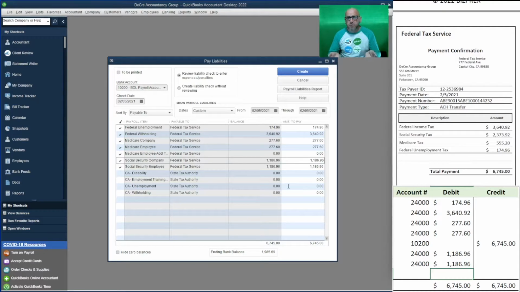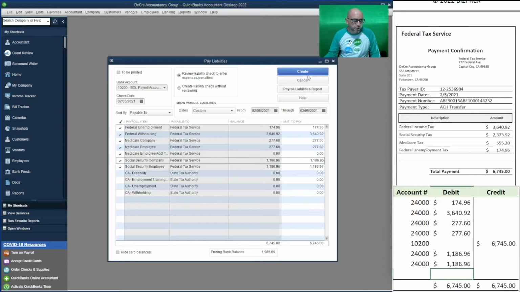So those liabilities went up. Now that we're paying it to the government, we're reducing it. We reduce it by debiting account 24,000, and we take the money out of our payroll bank account, 10,200, and we credit it because it's an asset. Assets are reduced when credited.